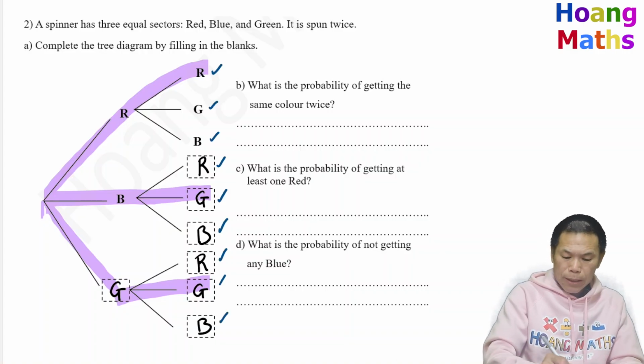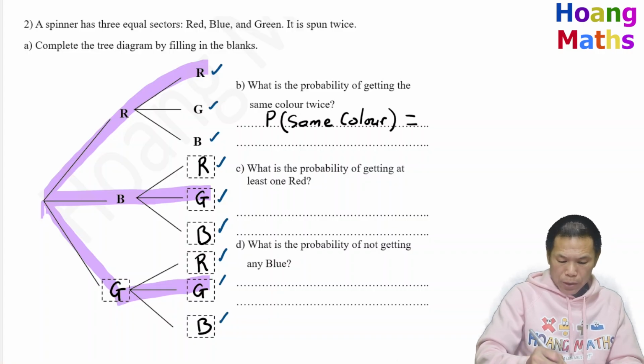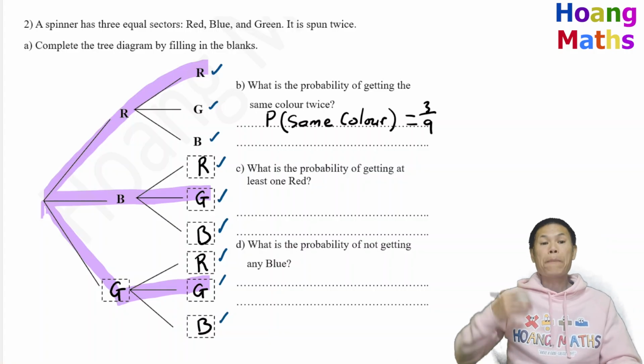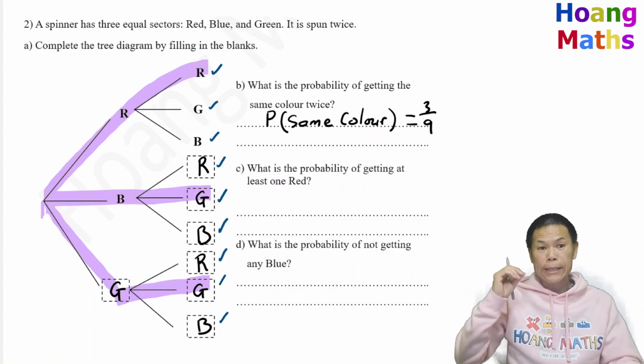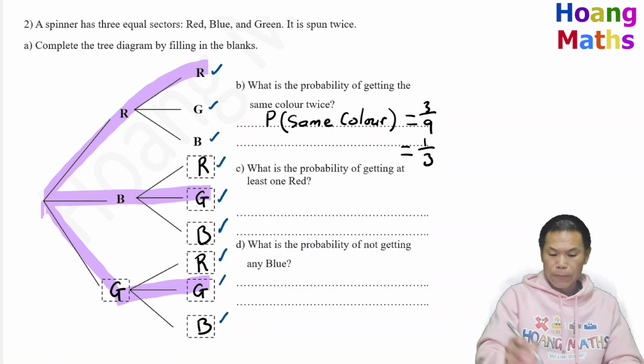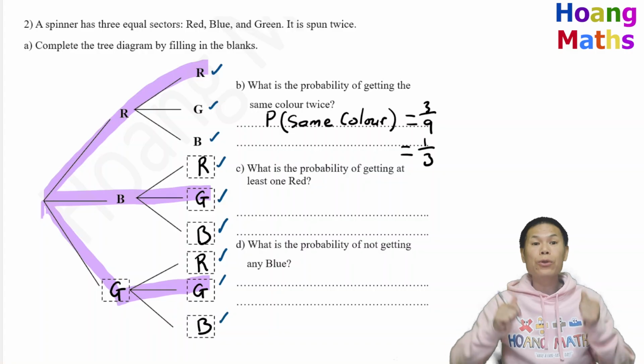So the probability of the same color is 3 out of 9. But then 3 out of 9, we can simplify this. So that will give us a third. 1 over 3. So there you go.